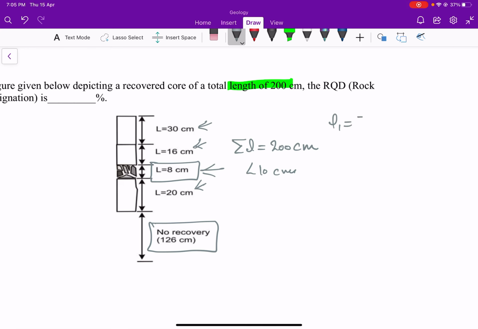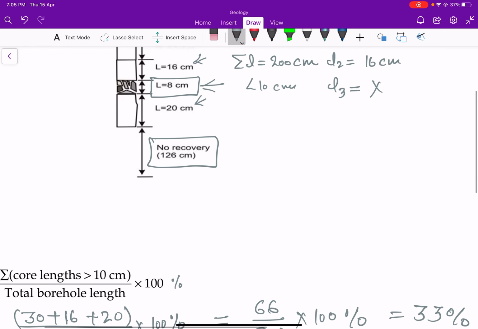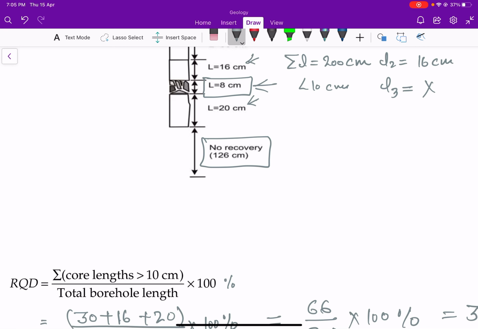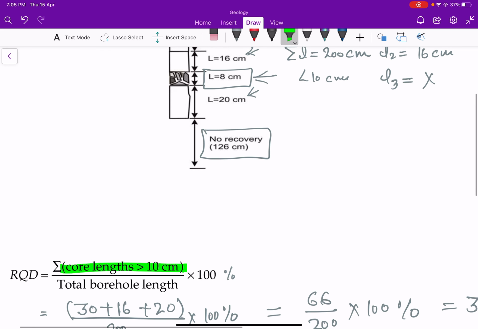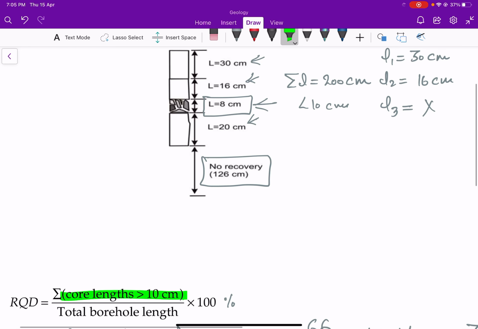Here, why we take L1 which is 30 centimeter, L2 which is 16 centimeter, L3 we will not take because this value is less than 10 centimeter, because we have to consider the cores whose length is greater than 10 centimeter and add all samples whose length is greater than 10 centimeter.